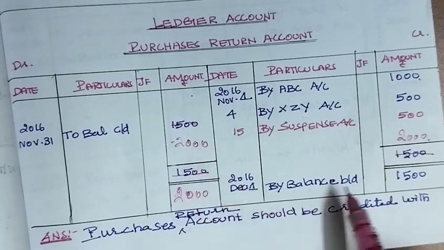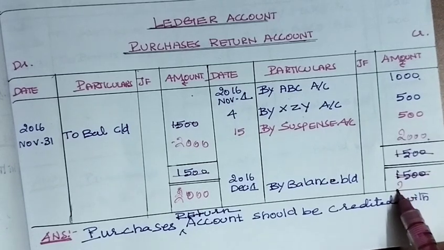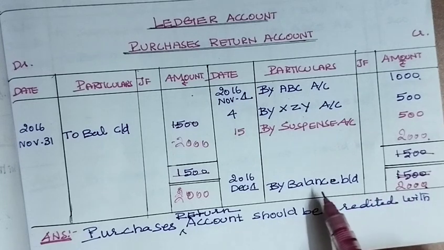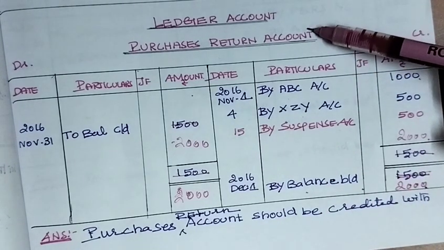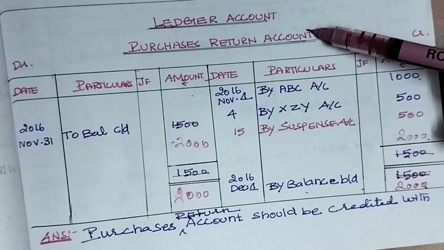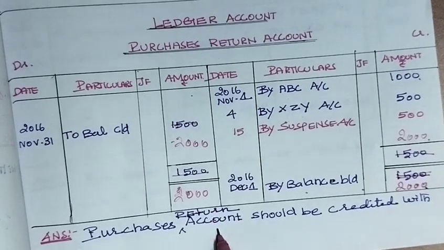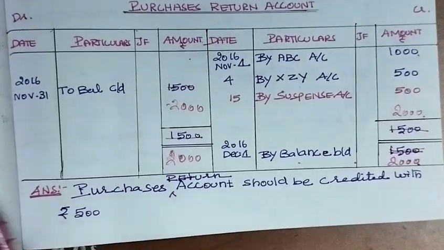Then you have to bring it down, below the total, to the opposite side, that means the credit side. This is the opening balance of the purchases written account. Now we rectified the error, that means purchases written account should be credited with rupees 500.